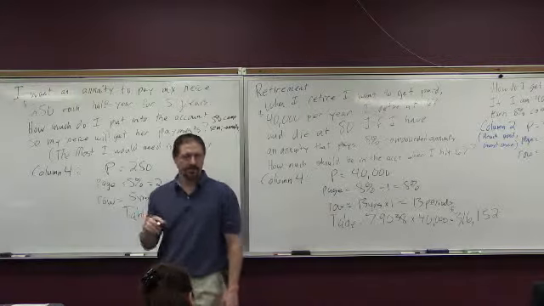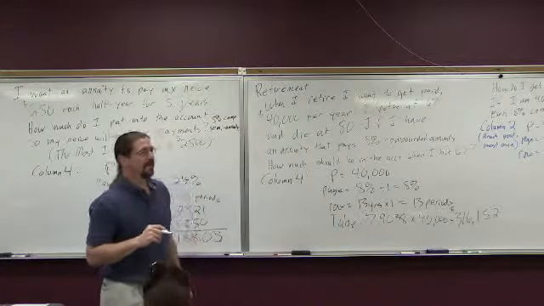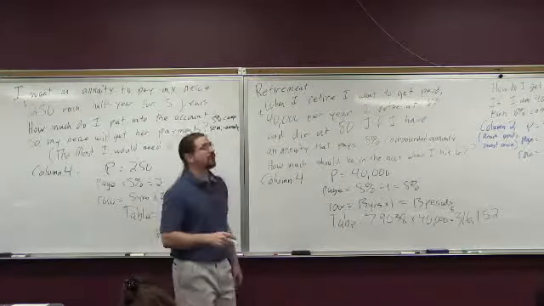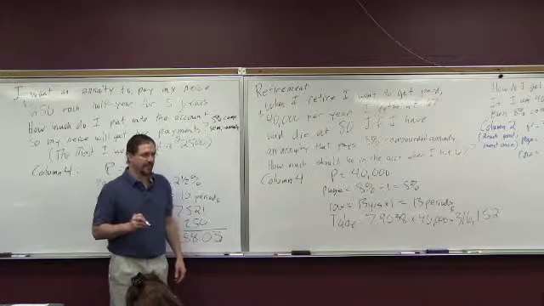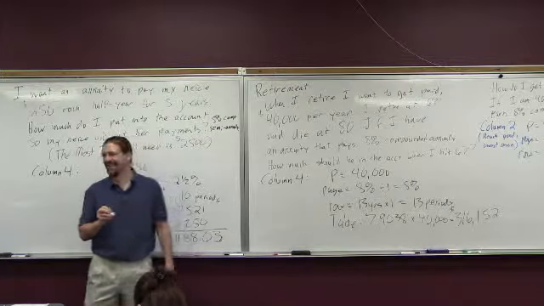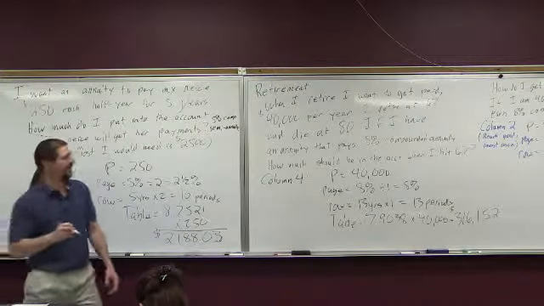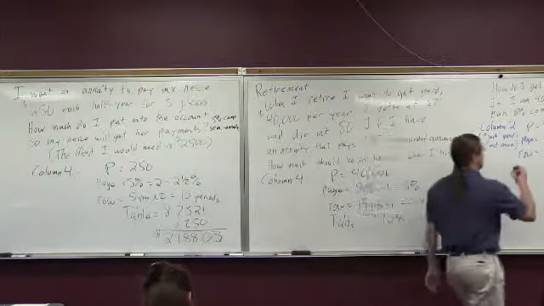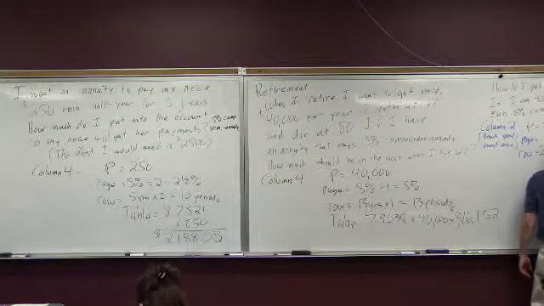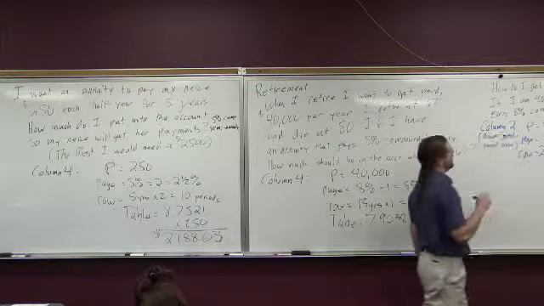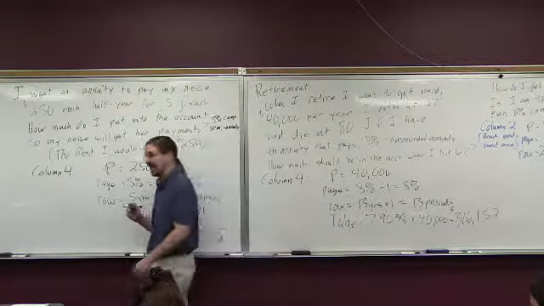No, 27. Why 27? 67 minus 40 is 27, not 17. Hopefully I'm not going to be 67 in 17 years. Shut up. I'm old, but I'm not that old. So the row here is 27 years, times 1, which is 27 periods. So I'm going to earn 27 years of compound interest at 8%.